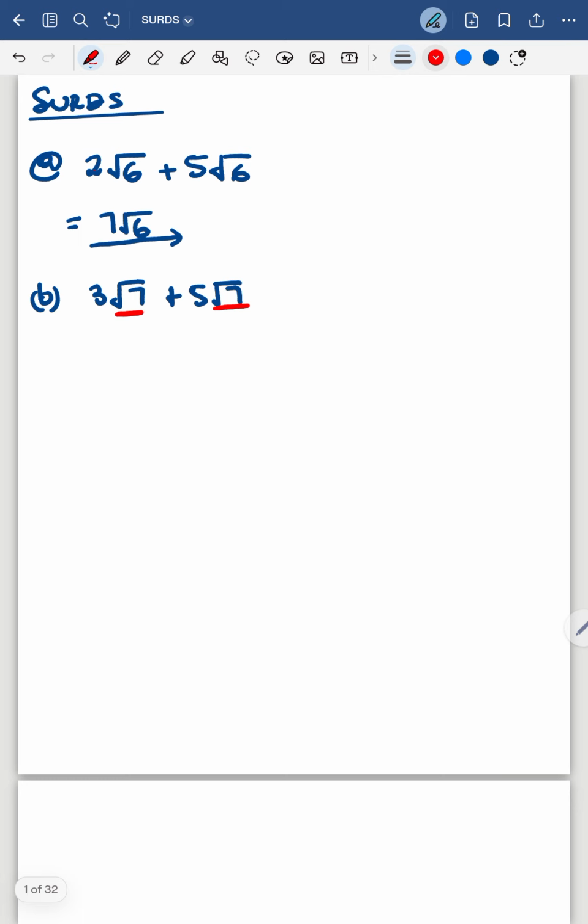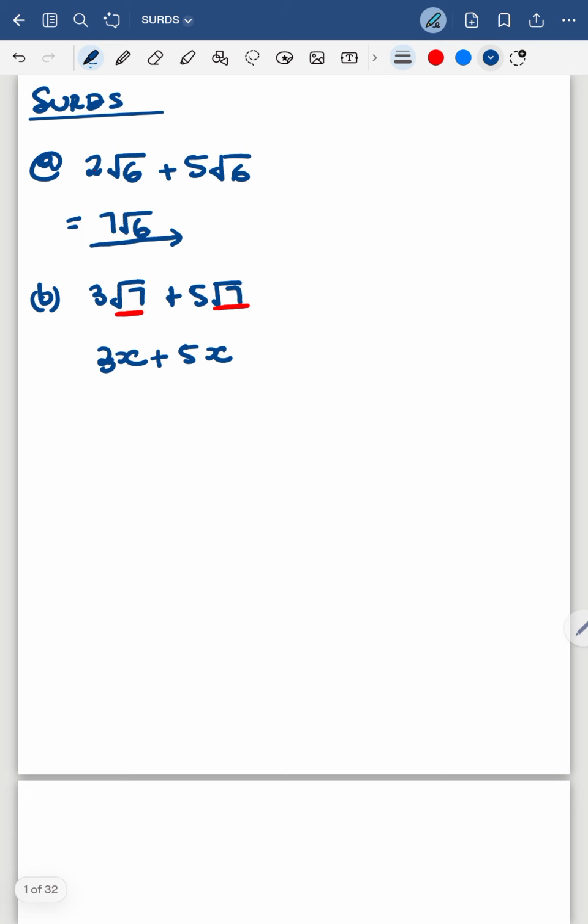As you know, we are allowed to add the like terms in addition, and subtraction is the same thing. If we were to subtract these, we're going to have negative 3 root 6, because 2 minus 5 would be negative 3. Here it was going to be negative 2 root 6. Then we have an example again. We can put it as normal x, so we can have 3x plus 5x.